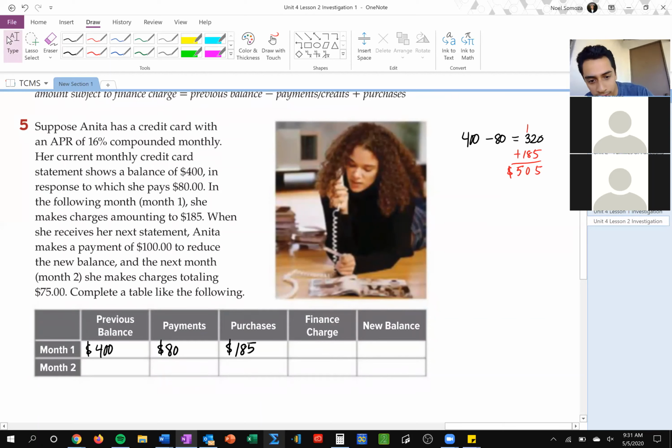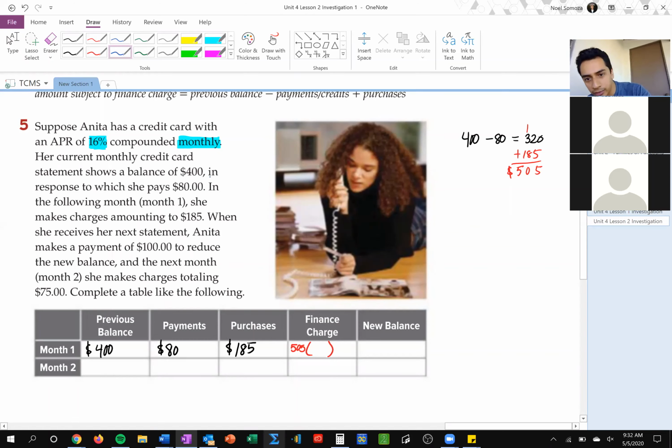So in the finance charge, it'll be 505, and we're going to multiply this times the monthly rate, the monthly interest that she would have to pay in this case. Where do we find that information and how do we use it? The APR here is 16%, so it's 16% per year, but it's compounded monthly. So we need to find that rate divided by the number of months in a year.